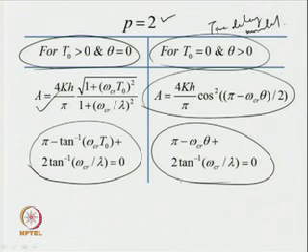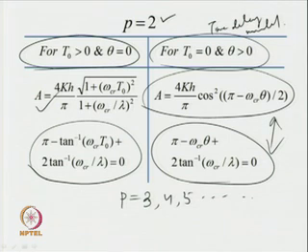So, these equations can easily be obtained using describing function analysis, and it is not difficult to obtain similar expressions for higher values of p. So, for p from 3 onwards, 3, 4, 5 onwards also, we will get very simple analytical expressions of these forms.